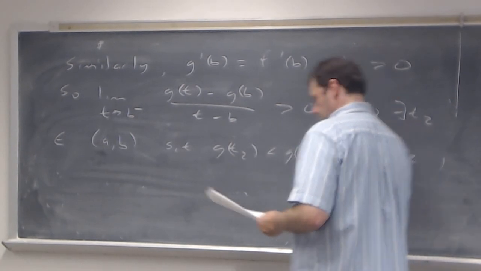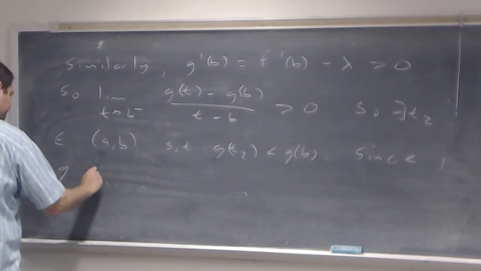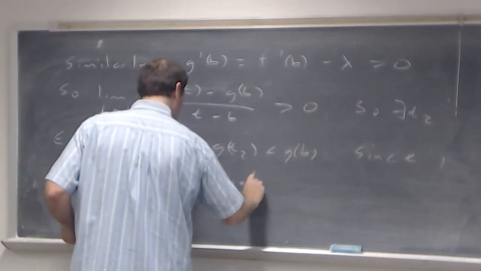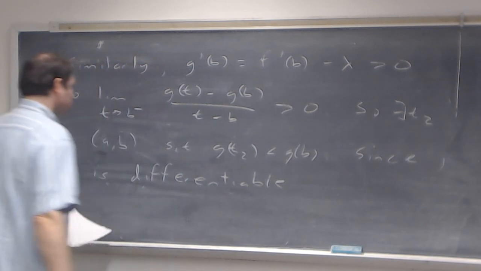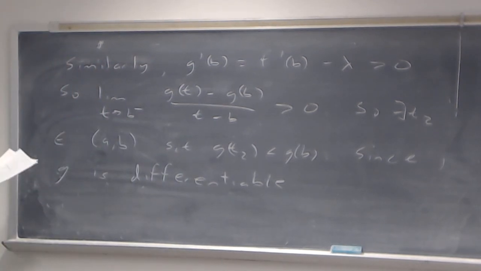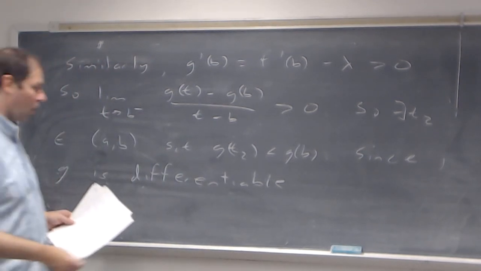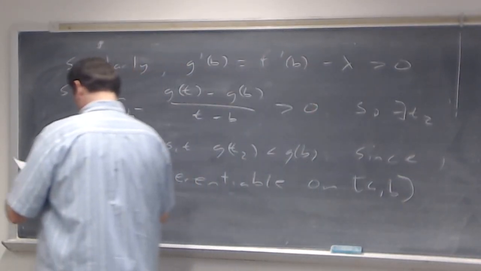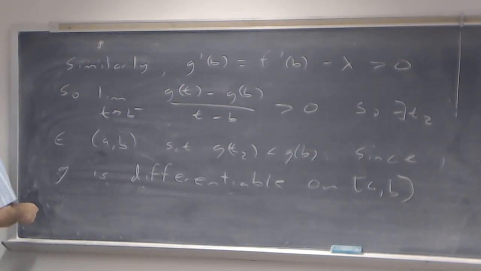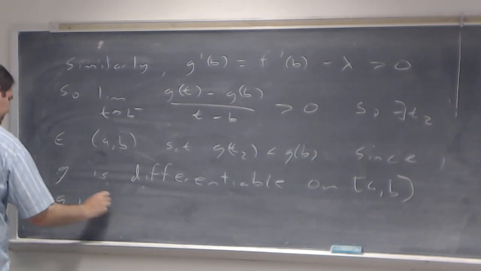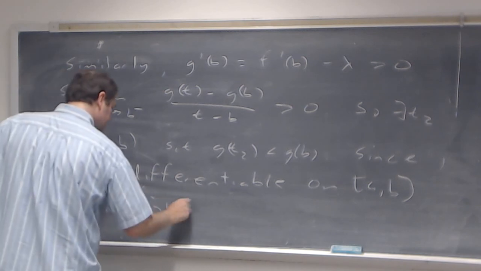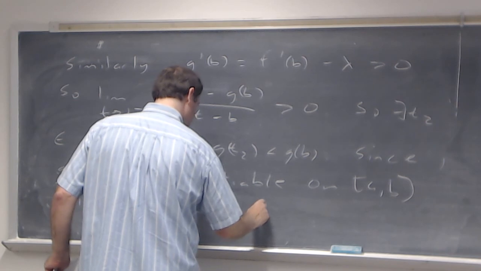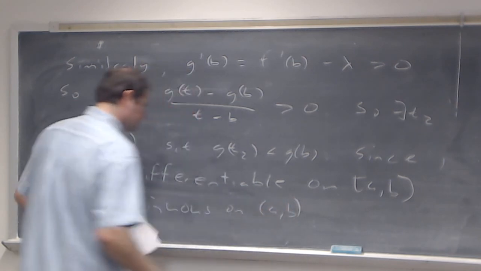Since g is differentiable on a to b, g is continuous on a to b.